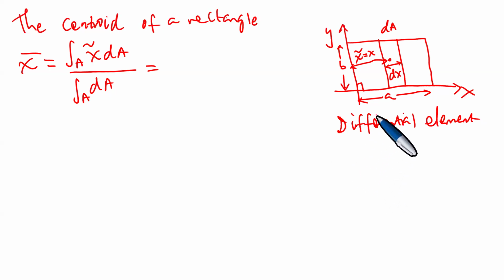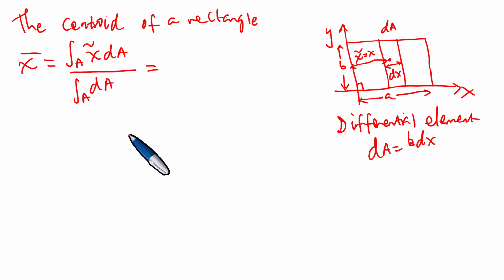From here to there is x, and the length is b. So the differential element dA, which is the area of this thin strip, is given by the width dx times the length, because it's a rectangle. So it's going to be b dx. That is the differential element.